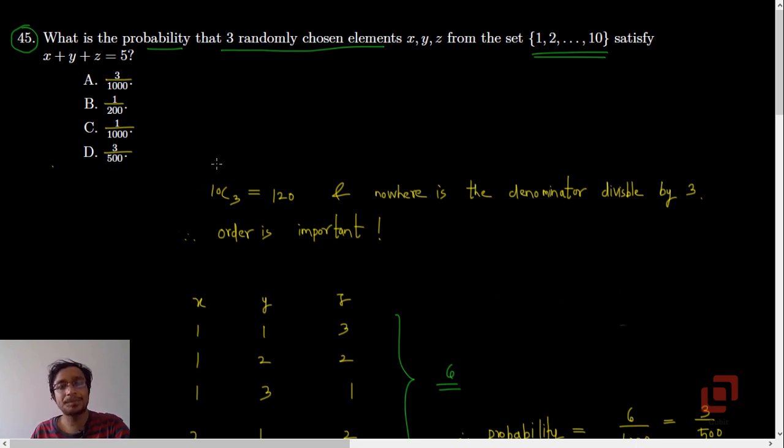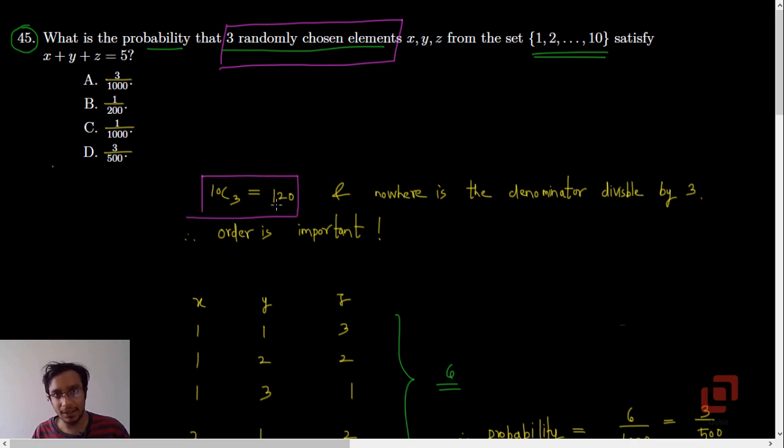Now when they say 3 randomly chosen elements, the way to do it without repeating and not following any fixed order is 10C3. We know that now, right? Picking up three numbers from the set.